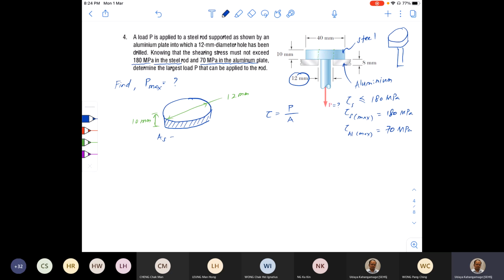So what is AS? Let's mark the diameter as D1 and the thickness as T1. So AS is equal to pi D1, that's the perimeter, into the height, or thickness, T1. So this is the area.